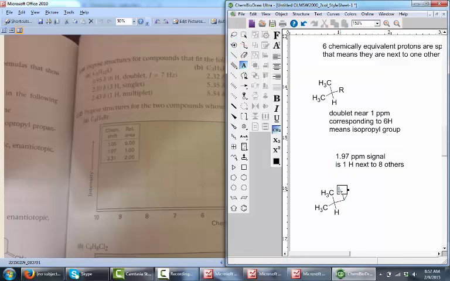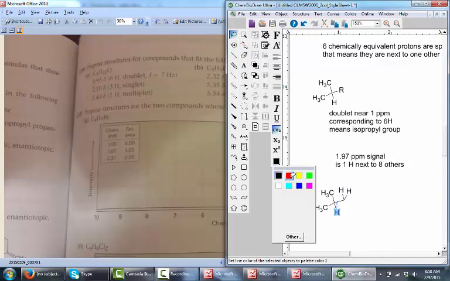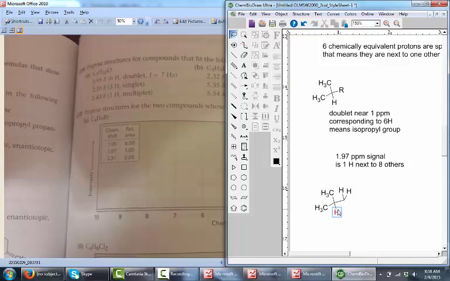So now if I go ahead and draw something like this, I add in another carbon with 2 protons. Thinking only about the proton that I've highlighted in red, I can count how many protons are attached to adjacent carbons. So this carbon, the one bearing the H, has 1, 2, 3 carbons adjacent to it.